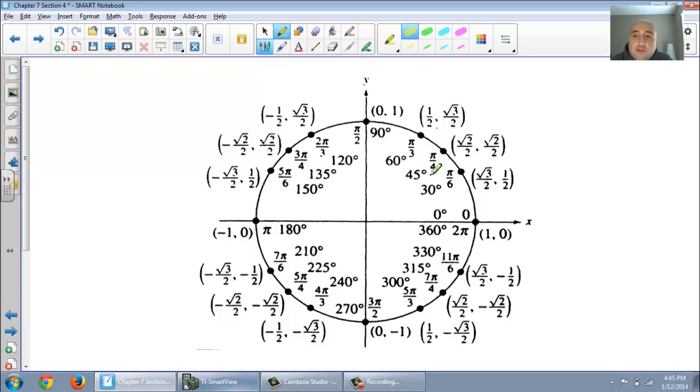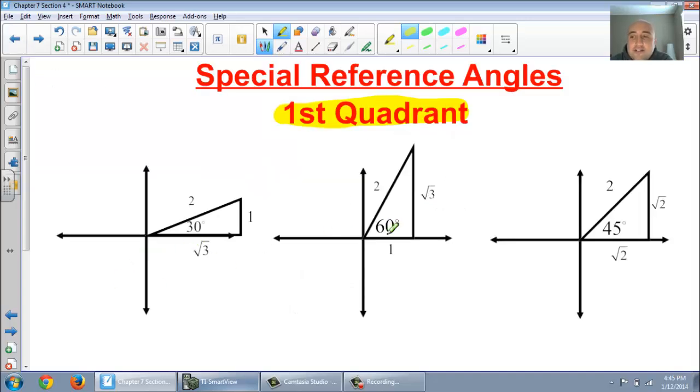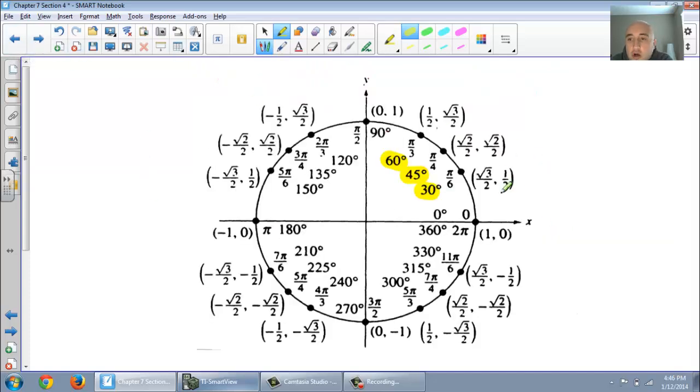So the whole unit circle is broken down into 30, 45, and 60 degree angles. That's why these 30, 60, 45s are important to us. What these triangles give us are all of these ordered pairs around the unit circle, these important numbers. All these numbers are your sines and cosines.